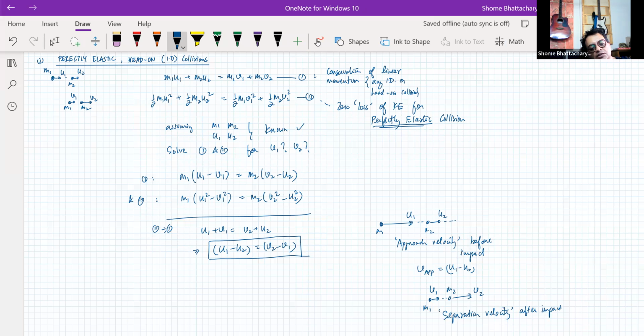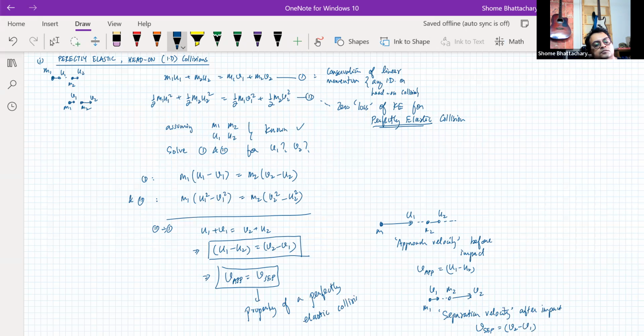That separation velocity has a magnitude of V2 minus V1. So this implies that the approach velocity equals the separation velocity. This is an additional property of a perfectly elastic collision, and we can think of this as equation 3 now.